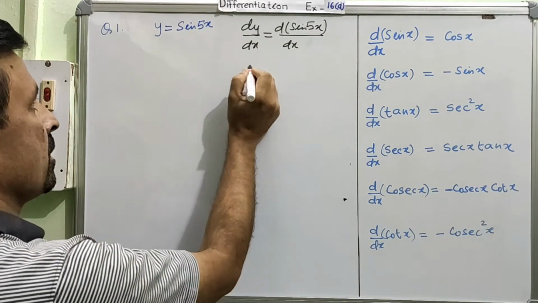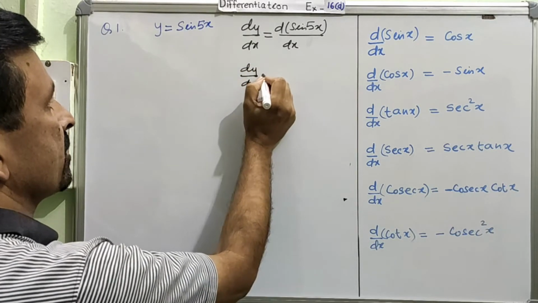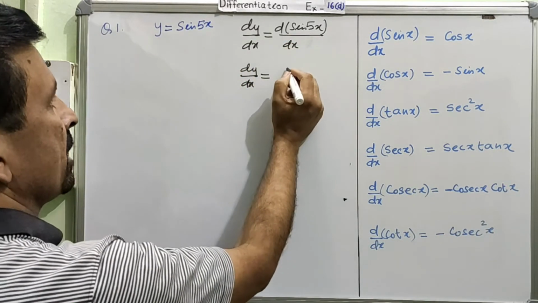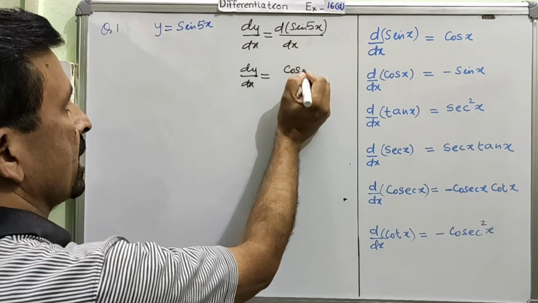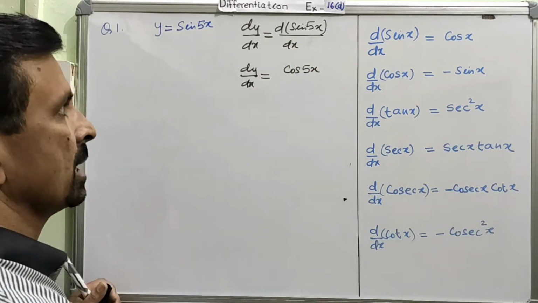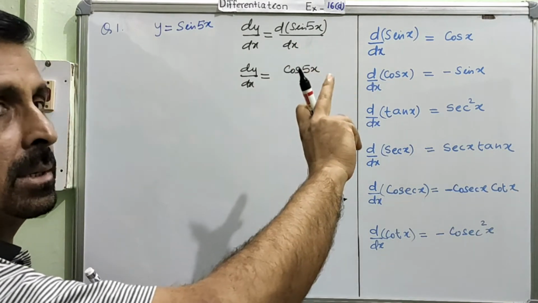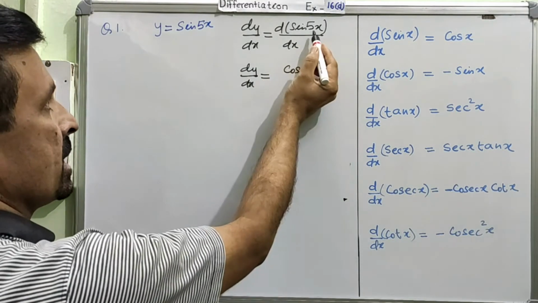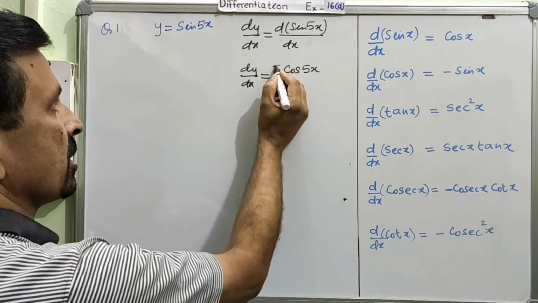So the answer will be: first of all, for the trigonometric function, it will become cos 5x. When you are finding the derivative of the trigonometric term, the angle remains as it is. And now when you find the derivative of the angle, the derivative of 5x will be only 5. So this is your answer.